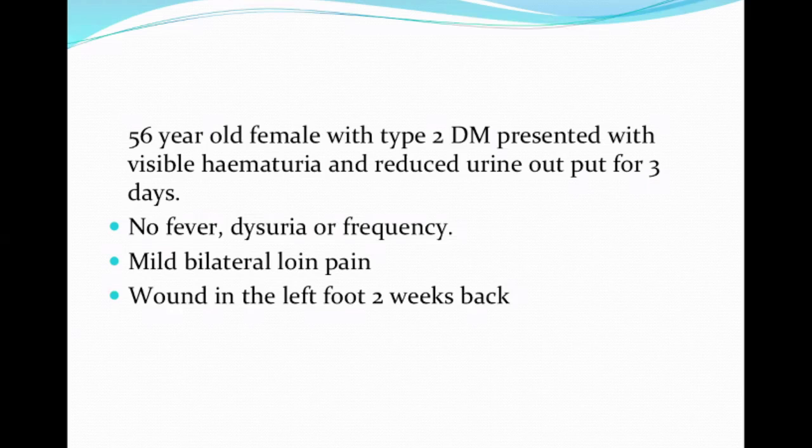Sometimes we tend to ignore things which don't fit with our diagnosis. In this case, it looked like a very straightforward case of post-streptococcal glomerulonephritis because the patient had typical features of nephritic syndrome, and there was a preceding infection.